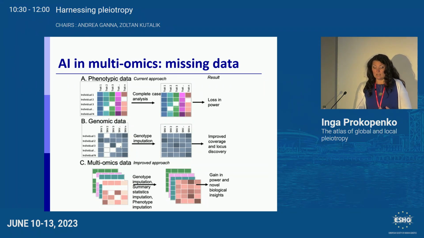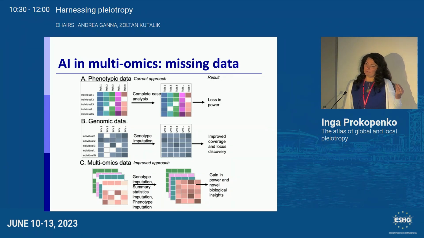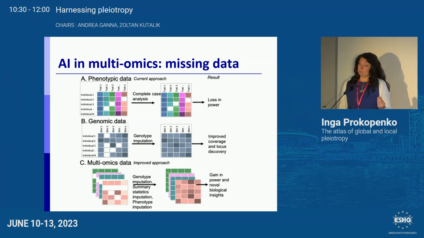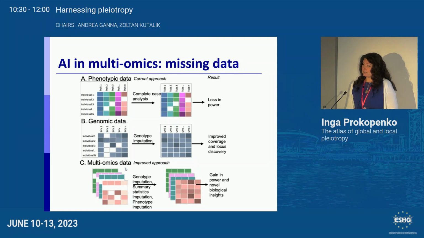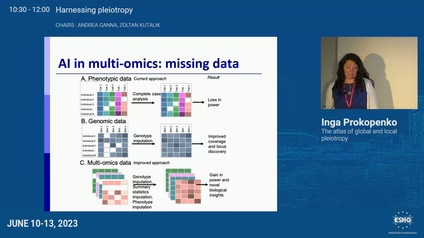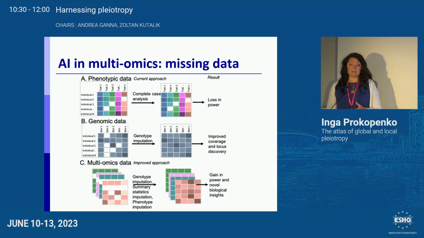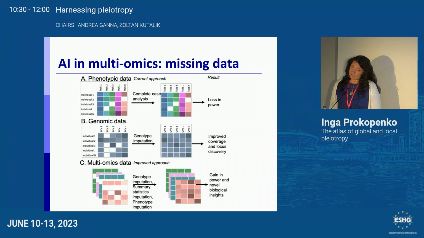lose power. In genomic data, somehow, brilliantly, from the very beginning of GWAS, we introduced imputation. So when we run multi-omic data analysis or multi-phenotype analysis, we need to think how we can impute phenotypes. And there are some approaches proposed, for example, for summary statistics imputation.